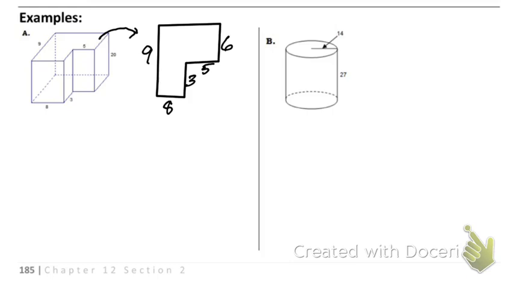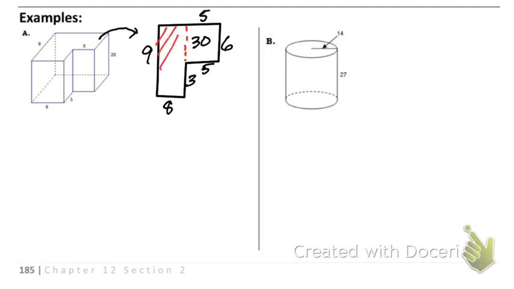All right, and since this length is 5 here, if I just extend this line right here, this is also 5. So the area of this box right here is just 5 times 6, which is going to be 30. That is the area inside that box.